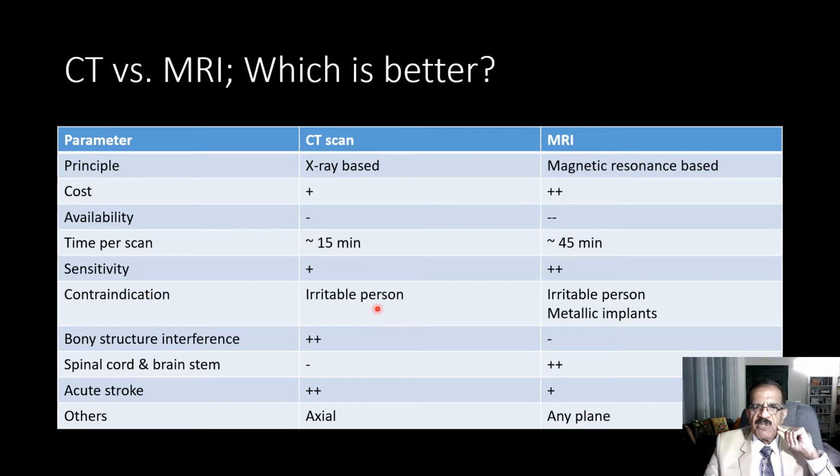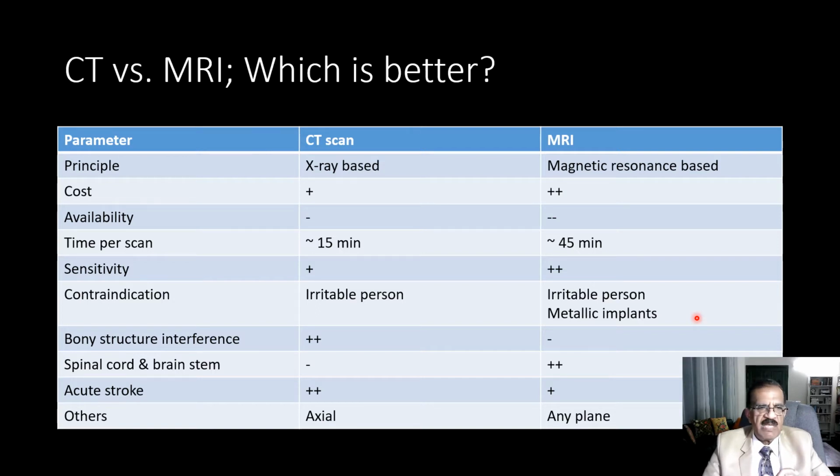Contraindications: if the person is irritable, a CT scan is not possible. If somebody is having seizures and cannot maintain one position for a few minutes, a CT scan is not possible. MRI would also not be possible in that case, but MRI is also not possible if somebody has metallic implants, because the magnetic field is so strong, it can pull that metallic implant in the body.